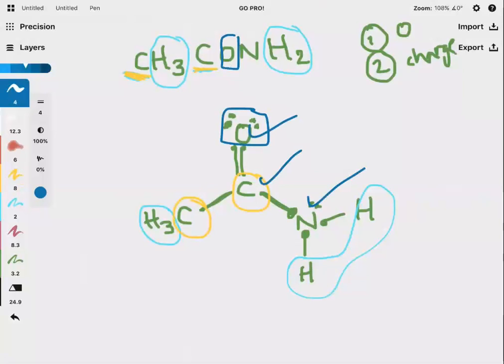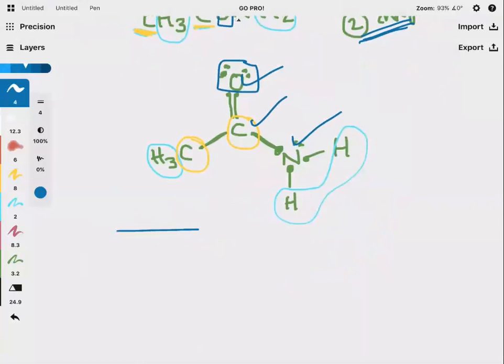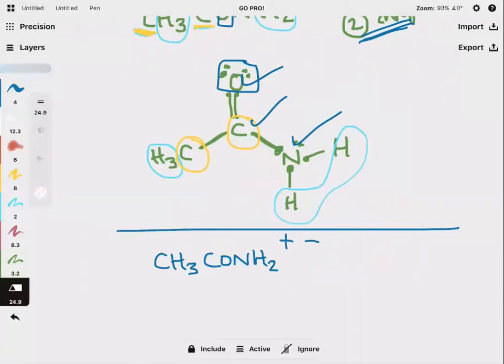Now all we have to do is make sure that our formal charge is okay, because let me rewrite this. This has gotten really messy again. The structure that I had given you was CH3, CO, and NH2, right? But I didn't say that it was plus or minus. I didn't say anything like that. It was just neutral.